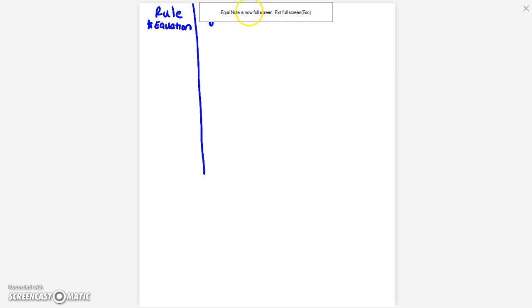And a rule in math is an equation. If I say I have a function and the rule for that function is y equals 3x plus 4, cool.